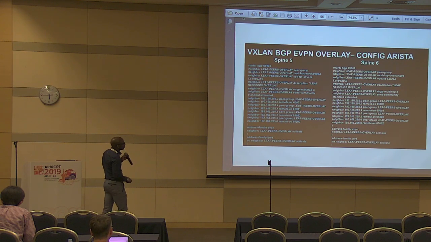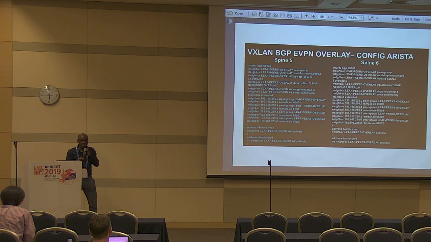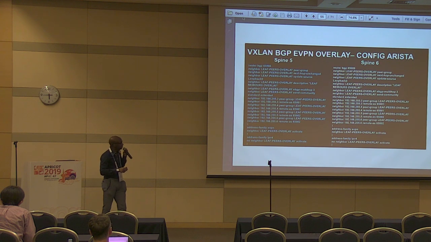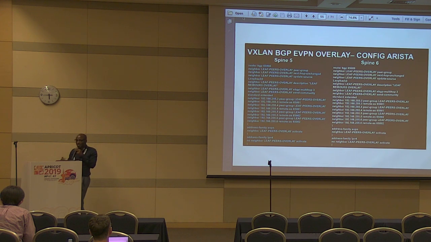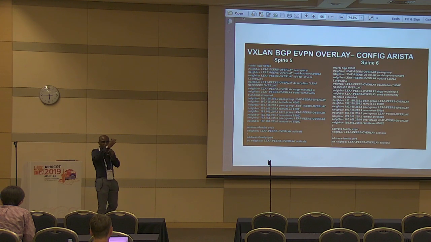And again, you can see the configuration is pretty straightforward. This is the beauty of having eBGP in the underlay and in the overlay. You can template your configuration. This same configuration, with little modification, can be deployed in other data centers straight away.